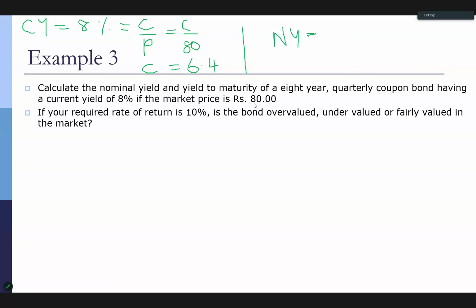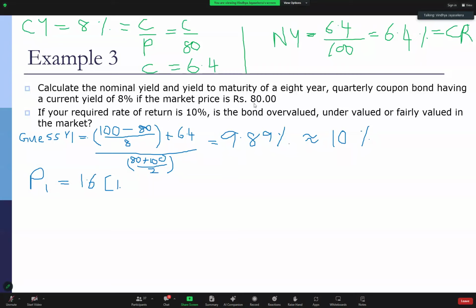So C, what is C? 6.4 is the C for the year. How much is C? 1.6. 1.6 into 1 minus 1 plus R. Here, R is 10%, so it's 2.5%, right?